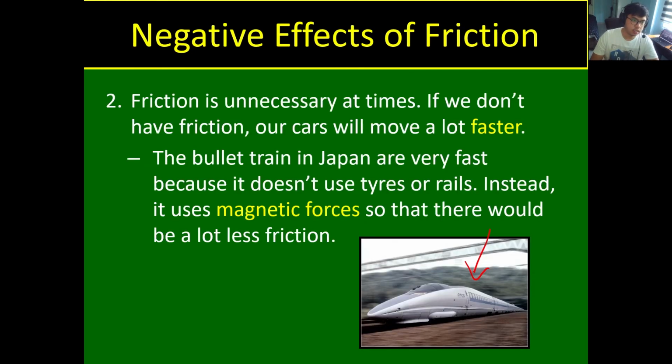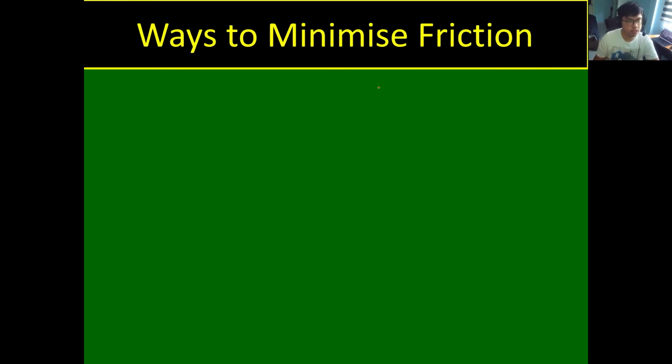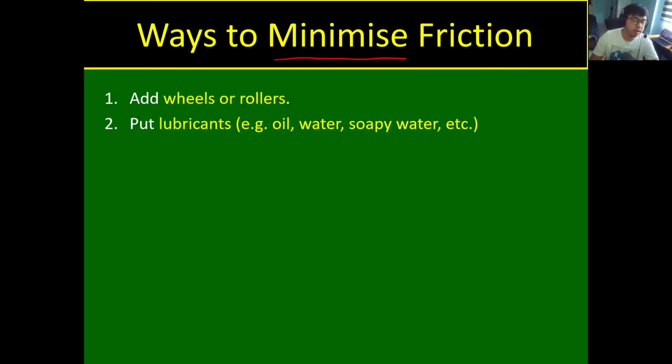So when we want to reduce or minimize friction, kalau tadi kan kurangkan friction, these are the ways we can do it. So we want to reduce friction so that things can move easier and things can be much more slippery. So you can add wheels or rollers. You can put lubricants. So these are slippery liquids like oil, water, or soapy water.